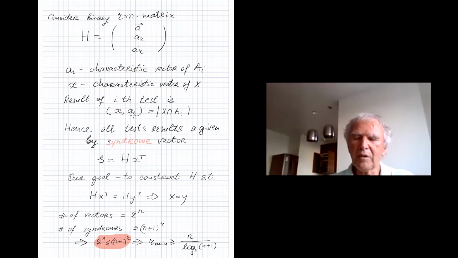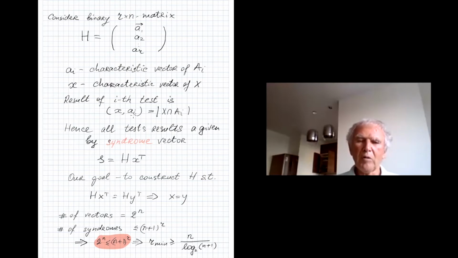And I put it here transposed because the vector x should be a column. Then column times row. And I will call this, as it's called in coding theory, the syndrome vector.